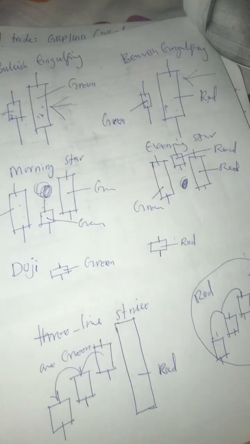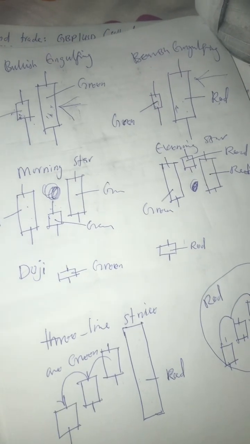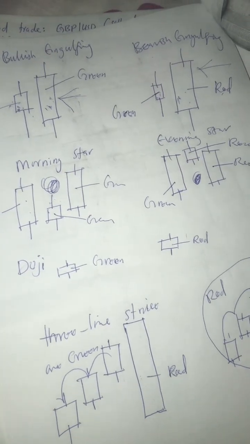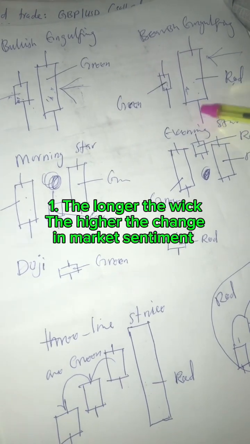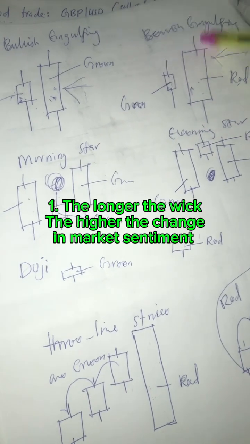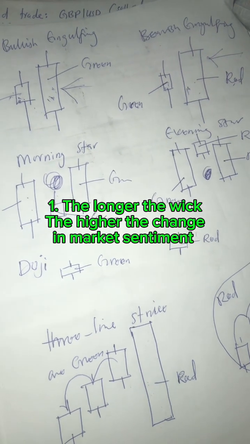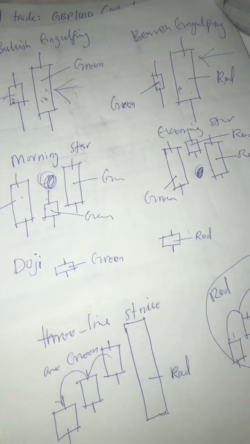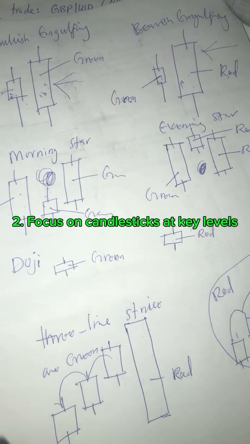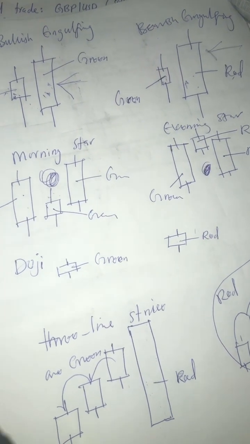All right. So if you are trading with candlesticks, there are conditions before you enter a trade. Number one, the longer the wick, the higher the change in market sentiment. Then focus on candlesticks at key levels or a trend line.